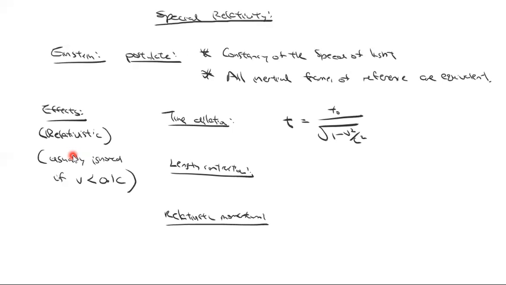Basically, your t is the time that you're seeing in one reference frame, and t0 is the time in the rest frame, so whoever is not moving relative to that time period.